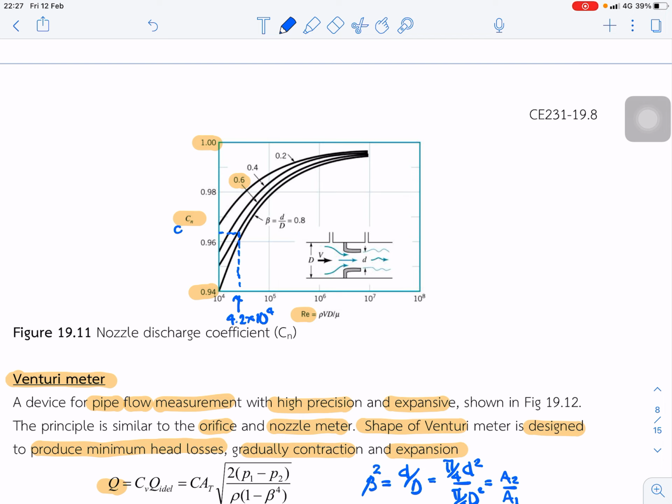Come closer, check again. It should be somewhere at this point, because it's a log scale. It should be about this.